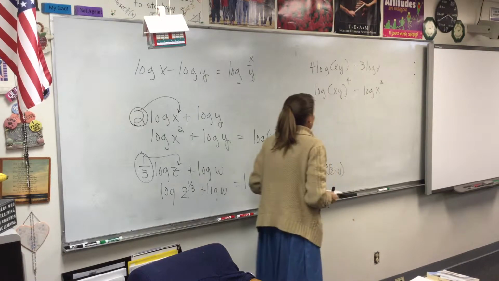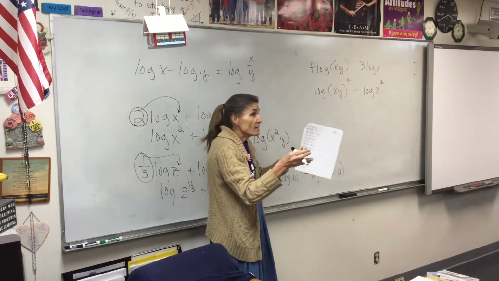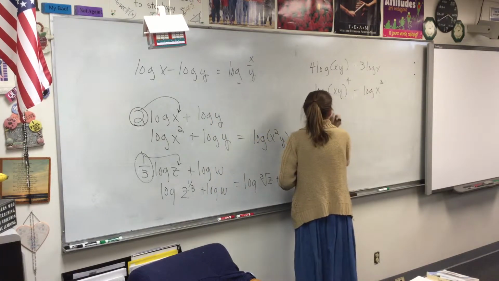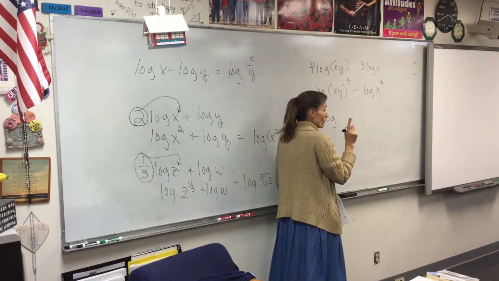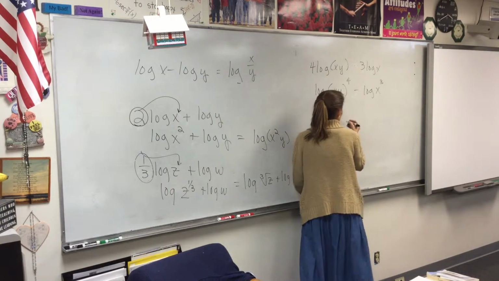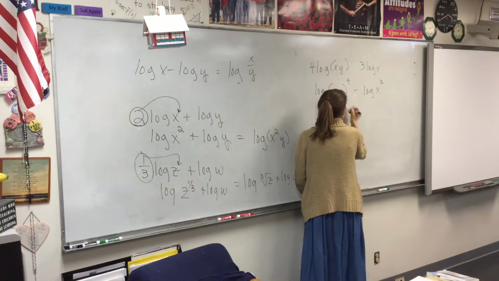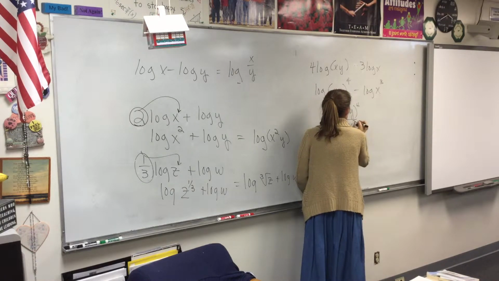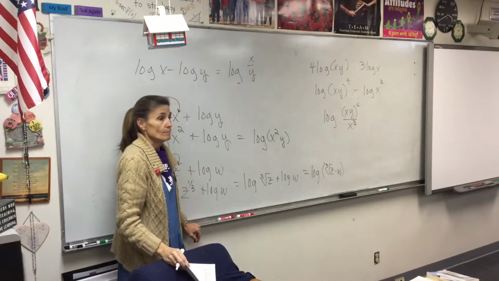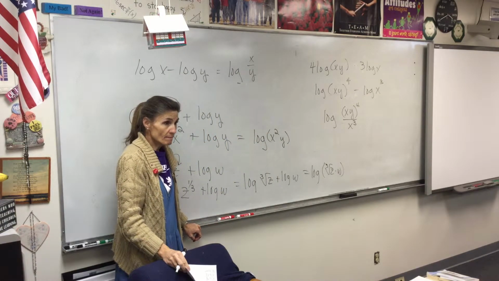Okay. Now what? Let's put them together. That's a minus. So when I write this as one logarithm, only one log now, what am I going to have? A division problem. You still with me?